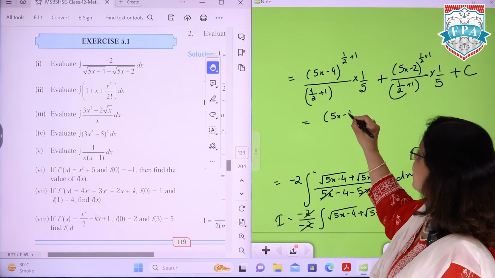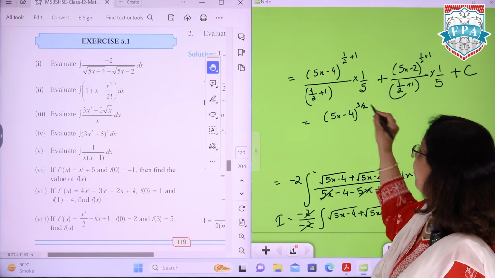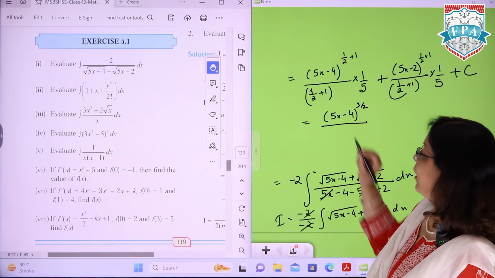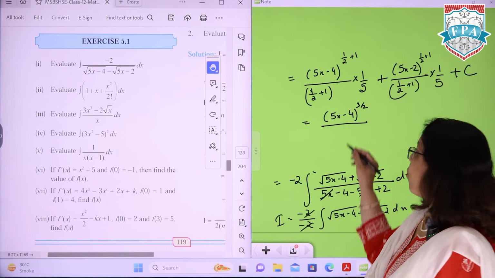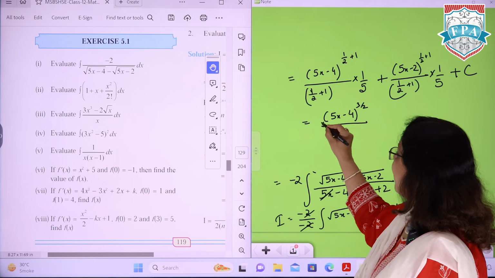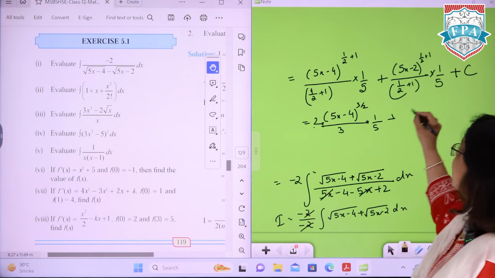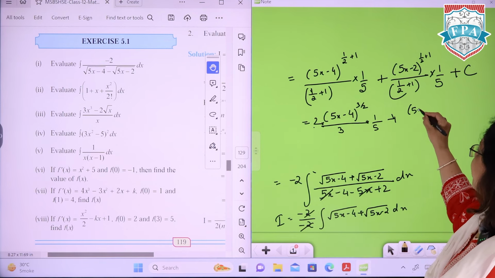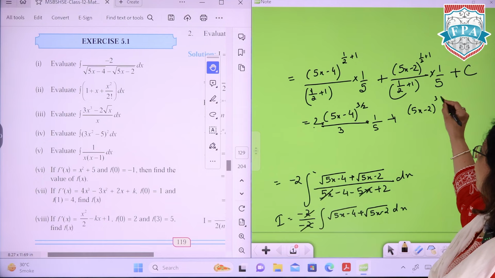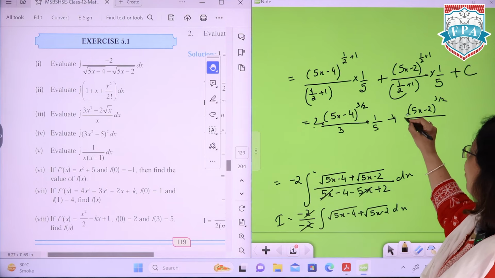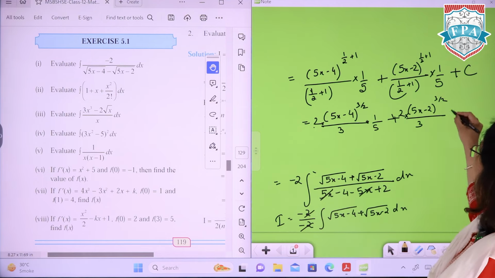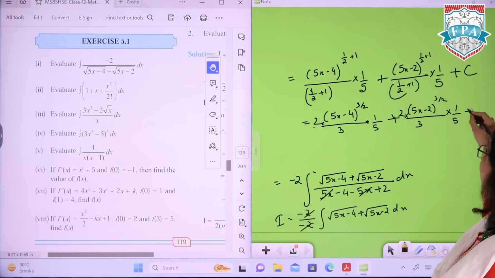So 5x minus 4 to the power of 3 by 2. This again becomes 3 by 2. So 3, 2 will come in the upper part, 1 by 5 plus 5x minus 2 to the power of 3 by 2 upon 3 by 2, which will go up, into 1 by 5 plus c.